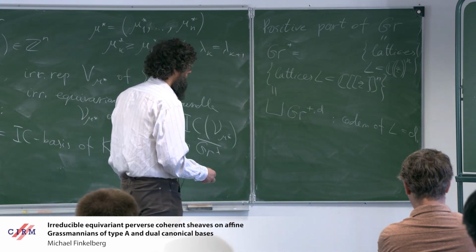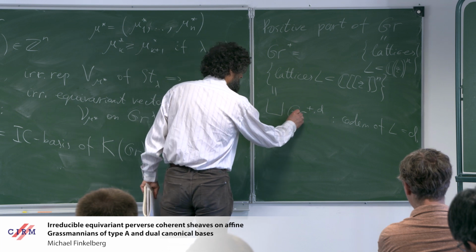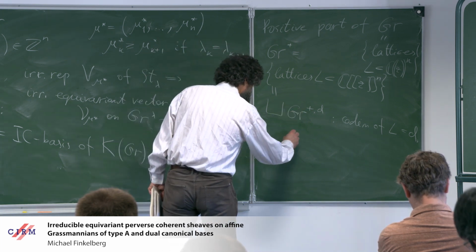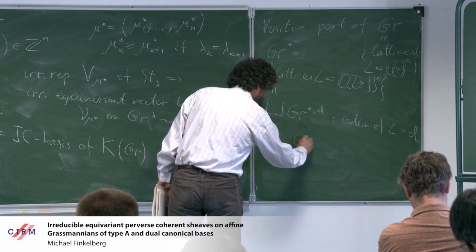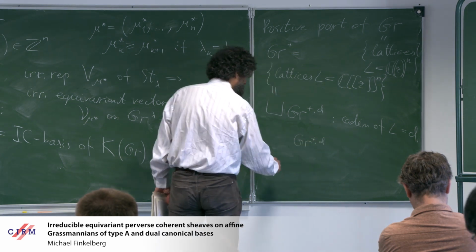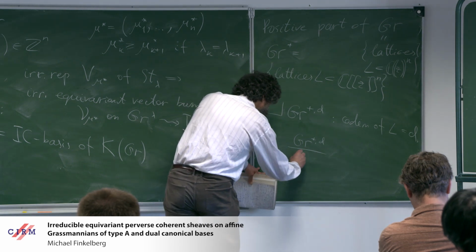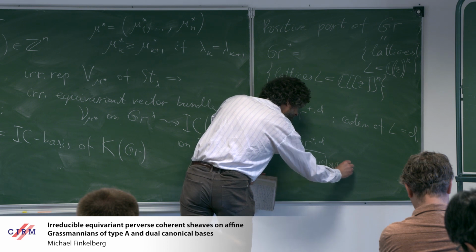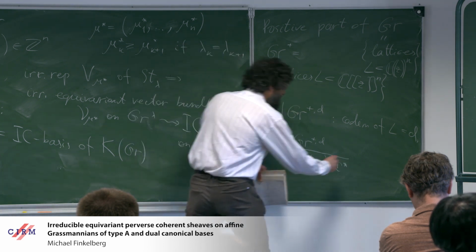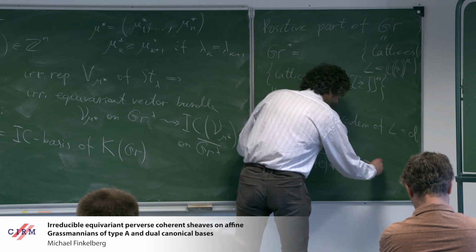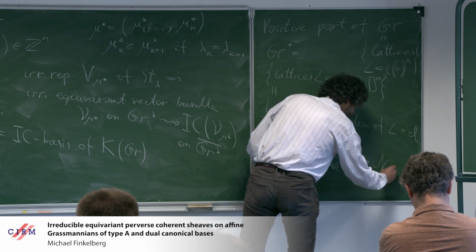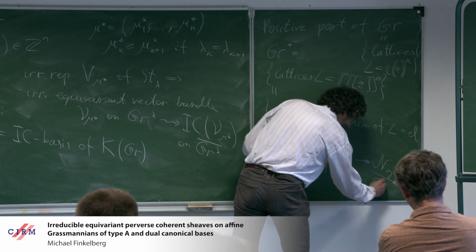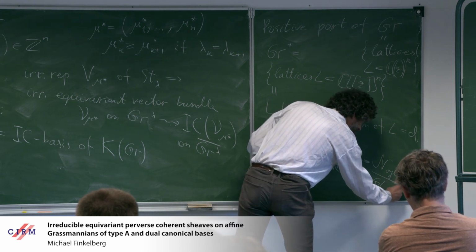Okay, and now, given this connected component, there is a morphism from the quotient stack we're interested in into the nilpotent cone of GLD modulo GLD times C star.